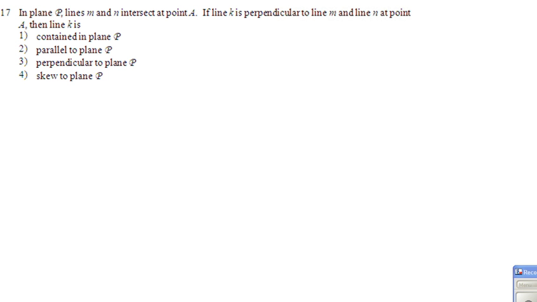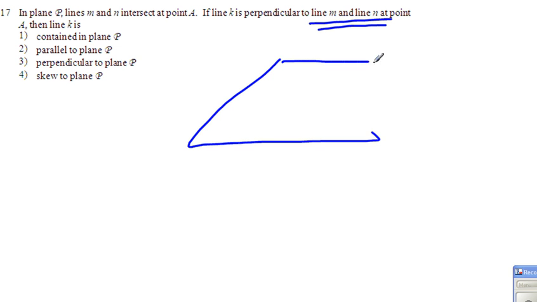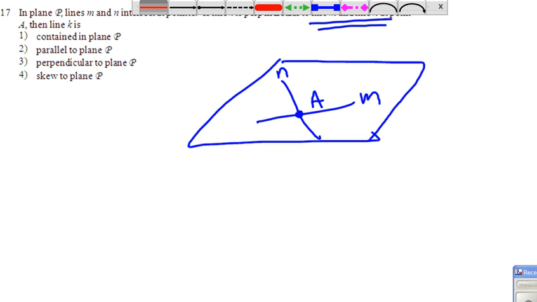Now, number 17, in plane P, the lines M and N intersect at point A. If K is perpendicular to both lines at point A, then K is, so now here we realize once again, there's some sort of plane, and then line M and line N intersect at this point A. Now that means there's only one line that can be perpendicular to both.